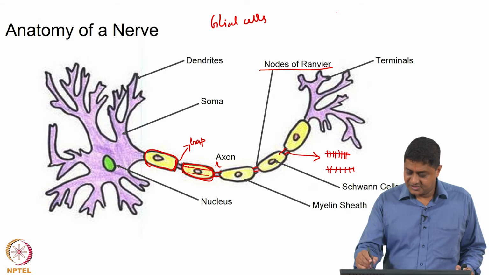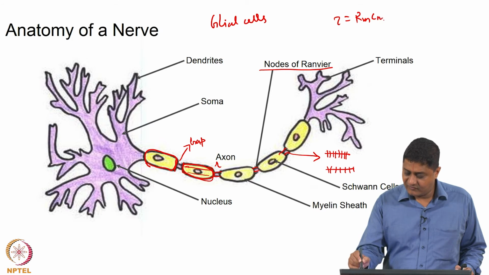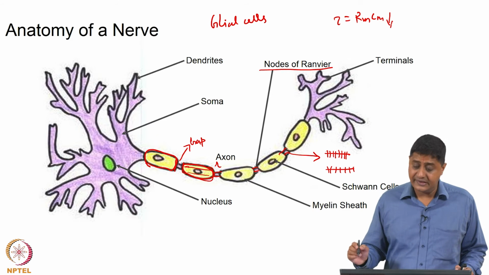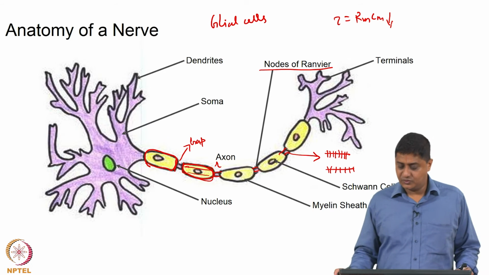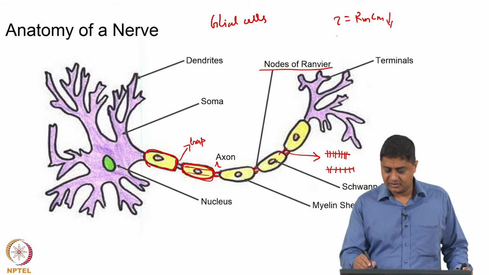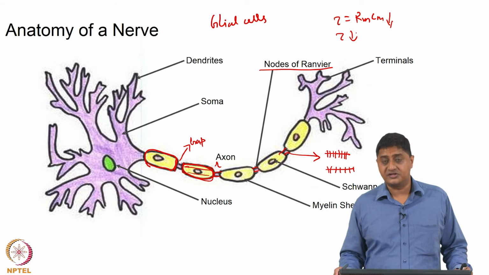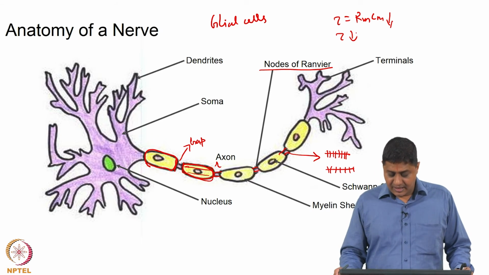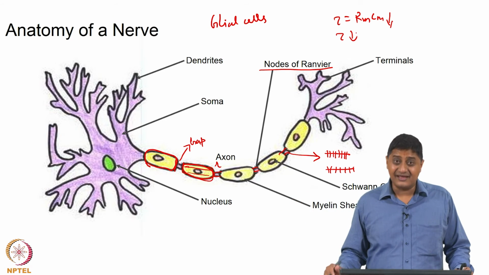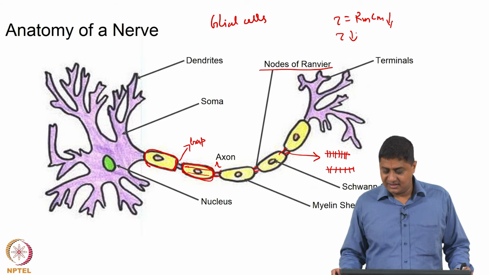Essentially, let us remember tau is RmCm. When Cm is reduced greatly, this will lead to a situation where tau is reduced to a large extent. This means by myelination I can increase the length constant and I can decrease the time constant.